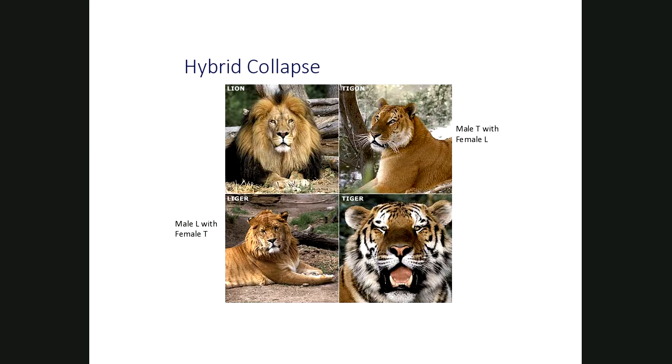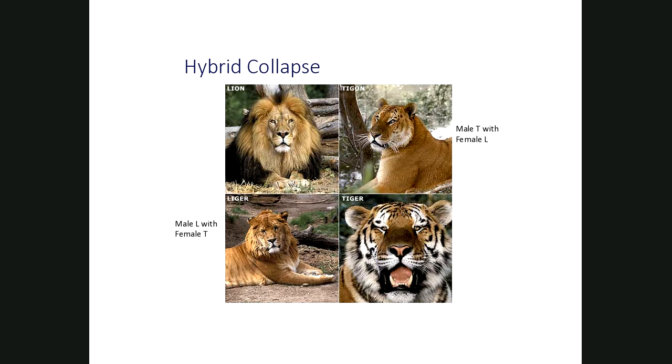So what I've done is written on your sheet for you to read in your PowerPoint notes, in depth, about the tigon, which is the male tiger, and the liger, which is the male lion.